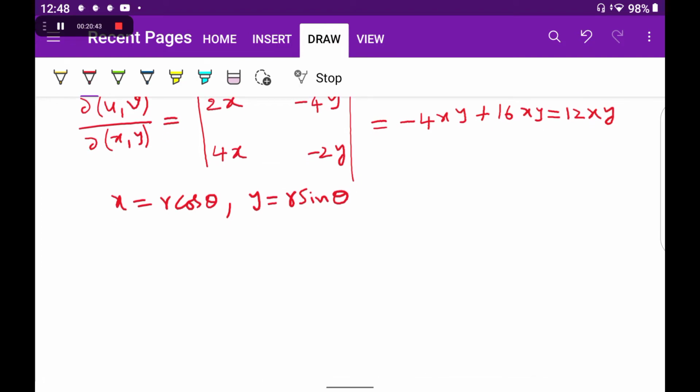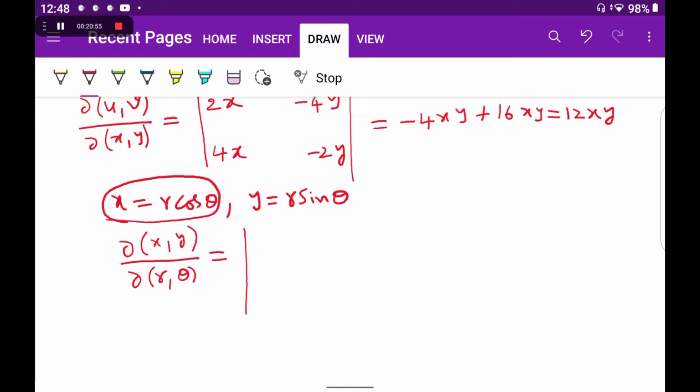We need to find dou xy by dou r theta. This is dou x by dou r. That means differentiate x with respect to r. So the theta term is constant, cos theta is constant. Derivative of r with respect to r is 1.